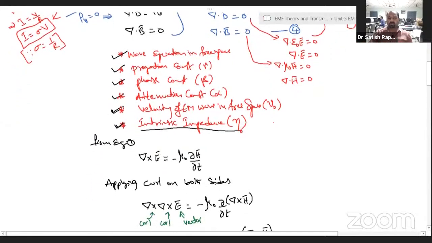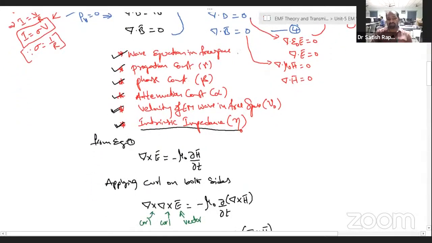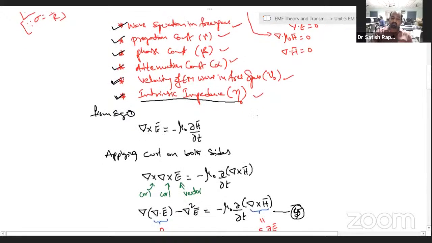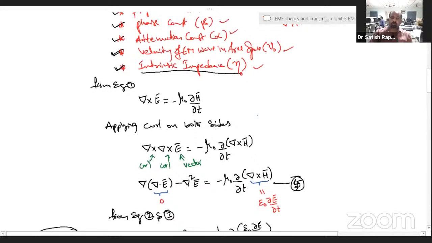In all types of media, I have discussed wave equation, propagation constant, phase constant, attenuation constant, velocity, and intrinsic impedance. So these are the 5 or 6 parameters which I have discussed in all types of media. The procedure is very simple.